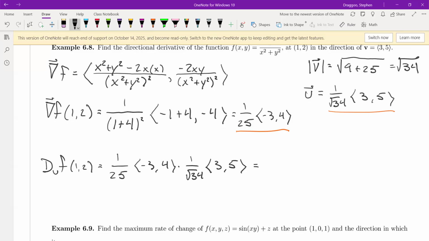And that ends up being a fraction. My denominator will be 25 times root 34. Let's just get those pieces out of the way, and then just solve the dot product. I've got a negative 3 times 3.